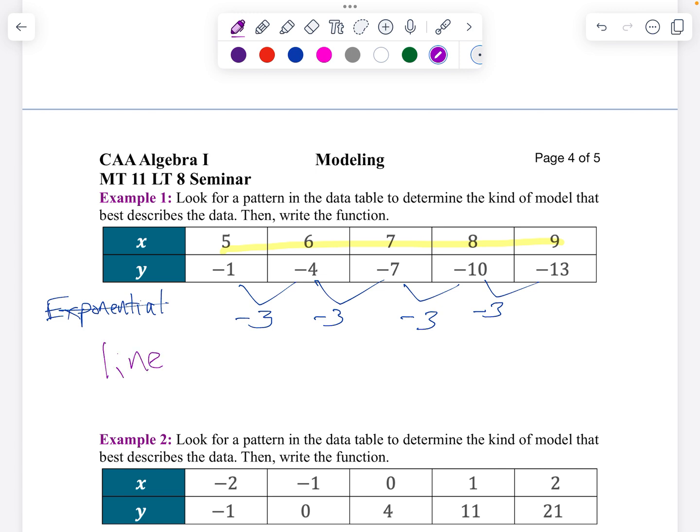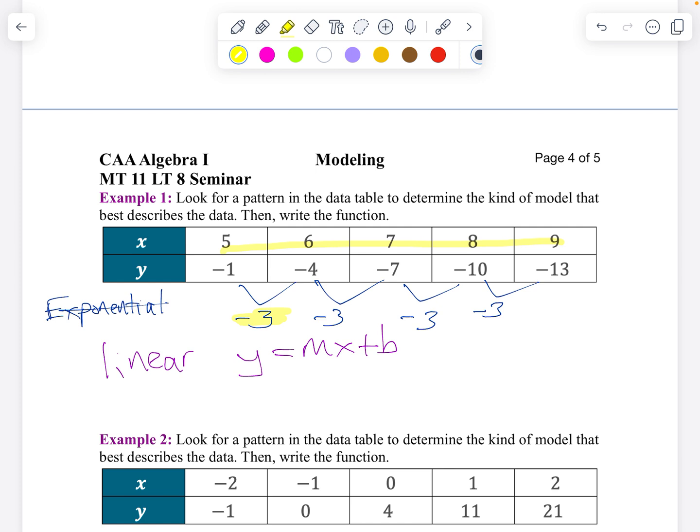I can represent this with y equals mx plus b. In this case, I know my slope is -3. I'm going to pick one of my points on here, and I don't care which ones you pick.